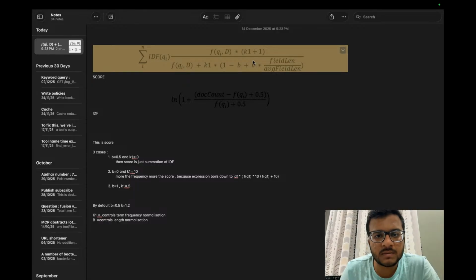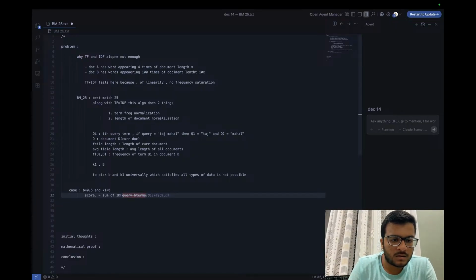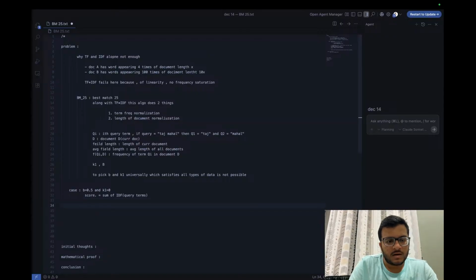Something plus 0 equals something. The numerator will be 1, so numerator and denominator will cancel, and score equals the sum of the inverse document frequency of the query terms. Correct, right? If you put K1 equal to 0, it works like this.